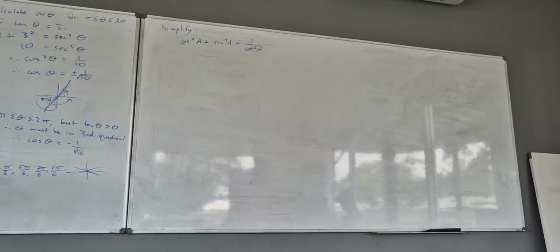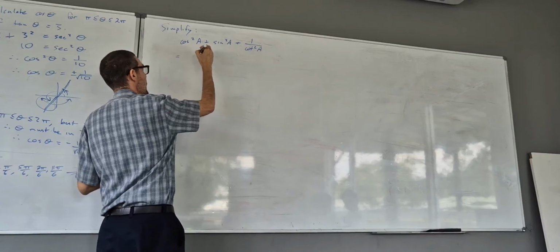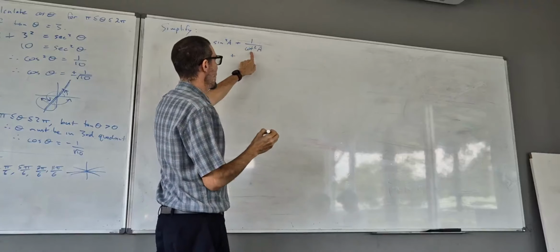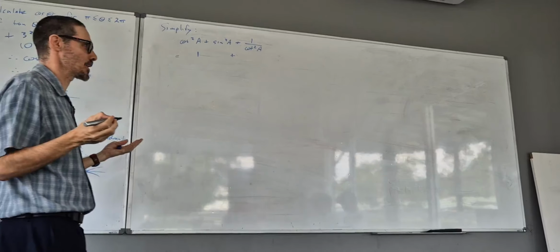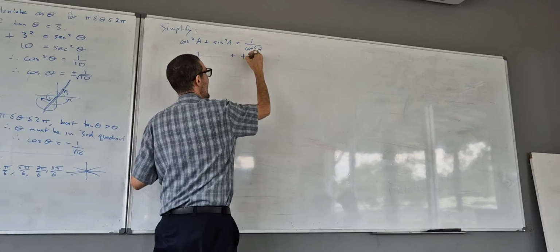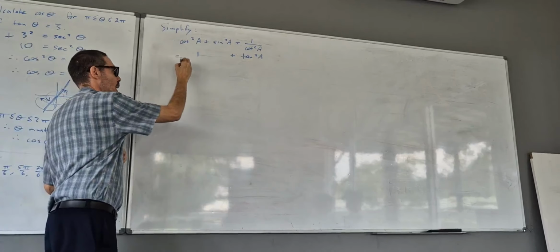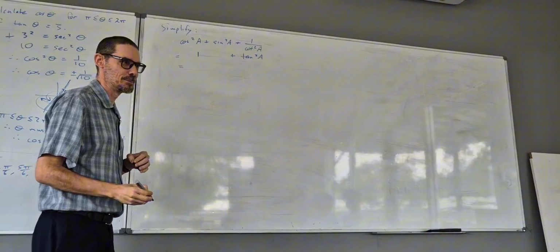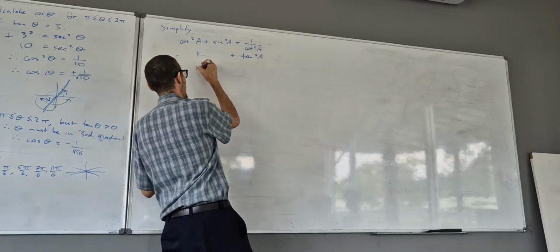Well, straight away, what's cos squared plus sine squared? 1. 1 over cot is going to be tan again, right? Because cot is 1 over tan. And what's 1 plus tan squared? It's sec squared. Well done.